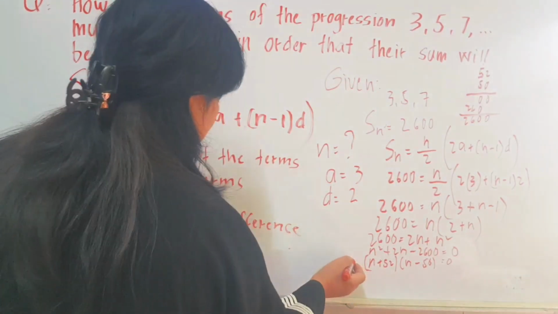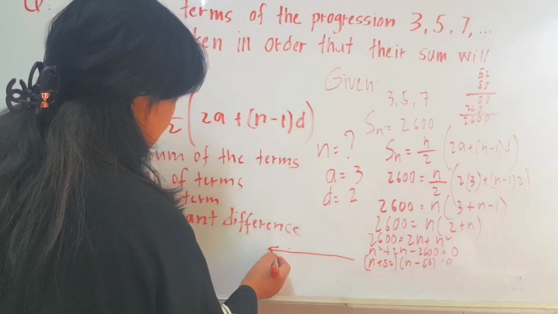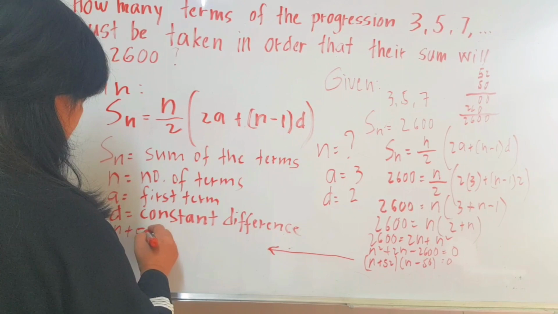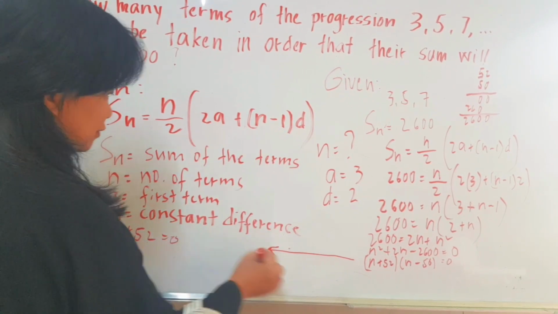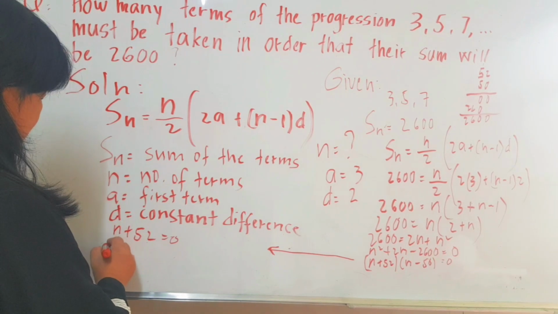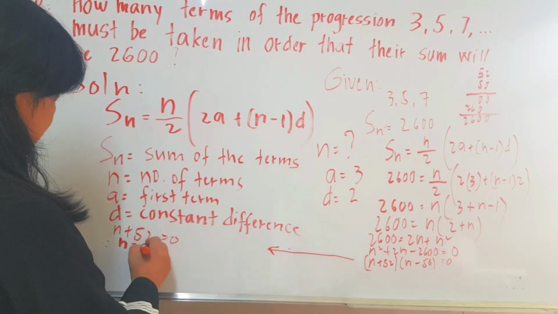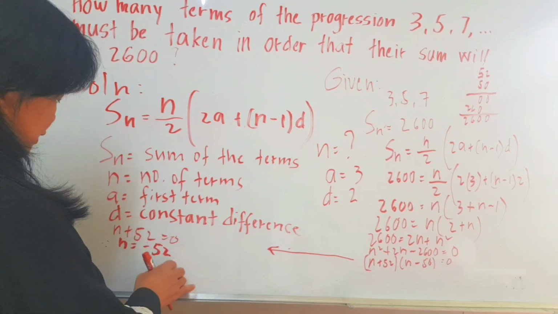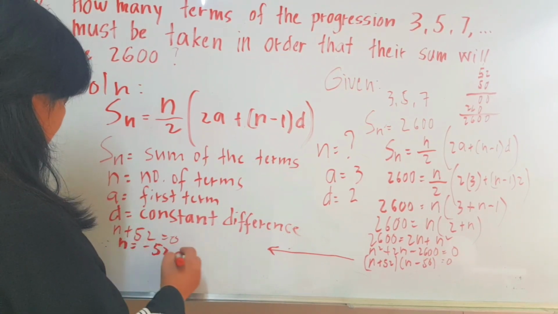if we equate each one to 0, so n plus 52 is equal to 0. Therefore, n is equal to minus 52. Cannot be. It's absurd.